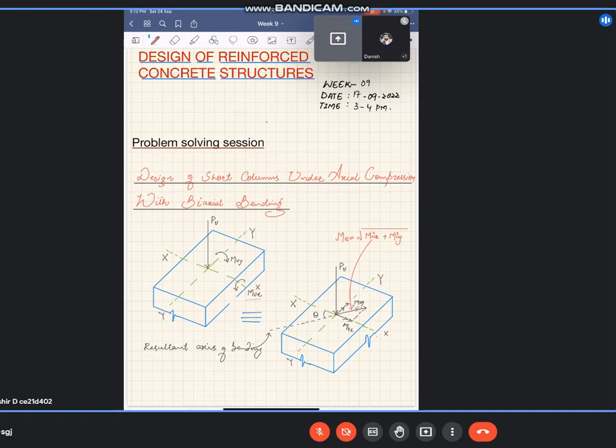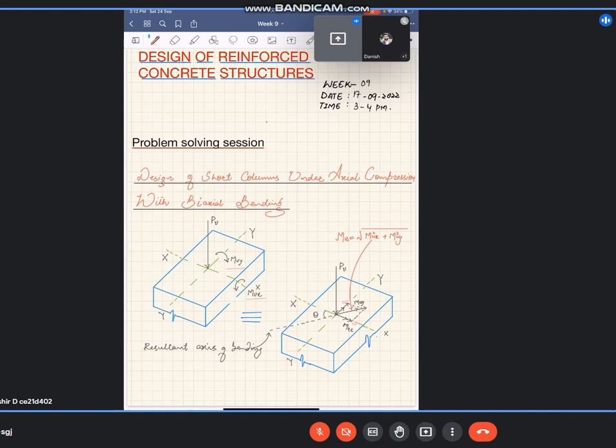So for this biaxial bending, here in this figure, you can see that a column section is subjected to two moments, MUX and MUY. For these MUX and MUY, the code says they are taken as a resultant moment MU, which is the square root of MUX square plus MUY square. You can see that I have shown here a double-headed arrow. The double-headed arrow shows moment, and the single-headed arrow is the actual load acting on it.